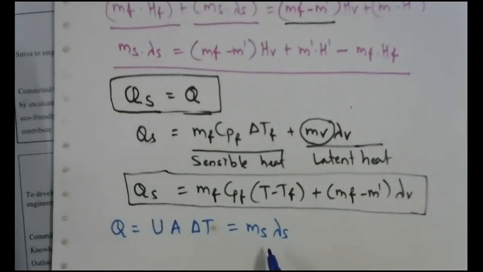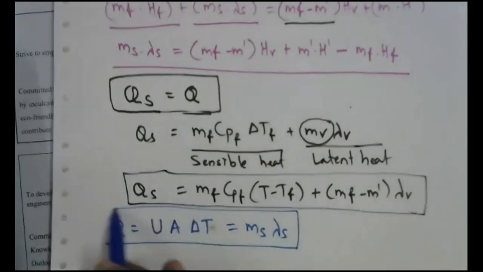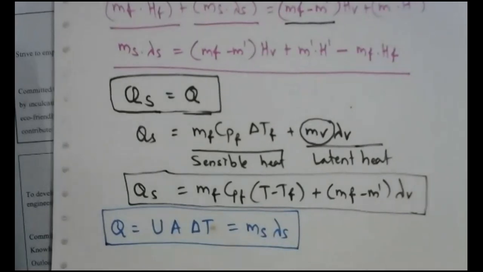So we can also use this equation, Q equal to UA delta T equal to ms lambda s. So depending on the parameters or the data given in the numerical, we have to use that equation, and then we can calculate the unknown with the help of this material balance and energy balance.